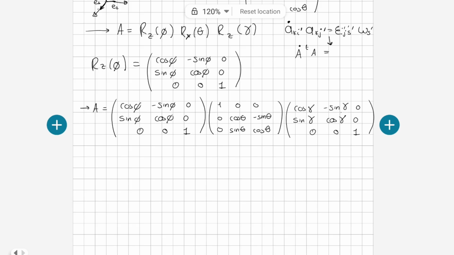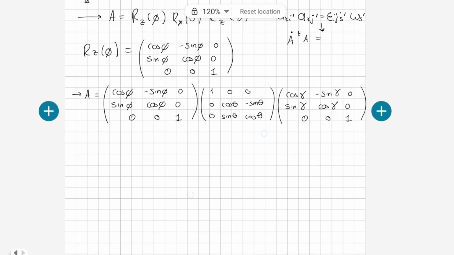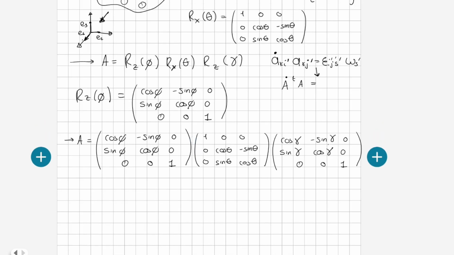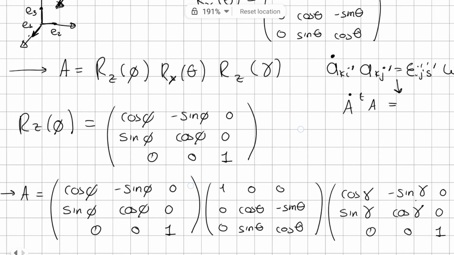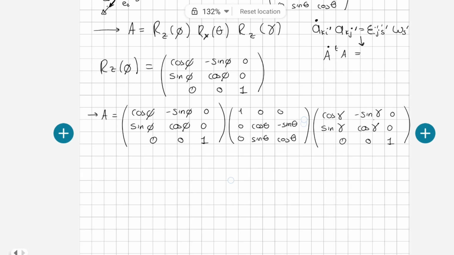So we need to take the transpose, actually the derivative first, and to take the derivative first, we are going to do it using this expression. We have a product of 3 matrices whose variables depend on time.